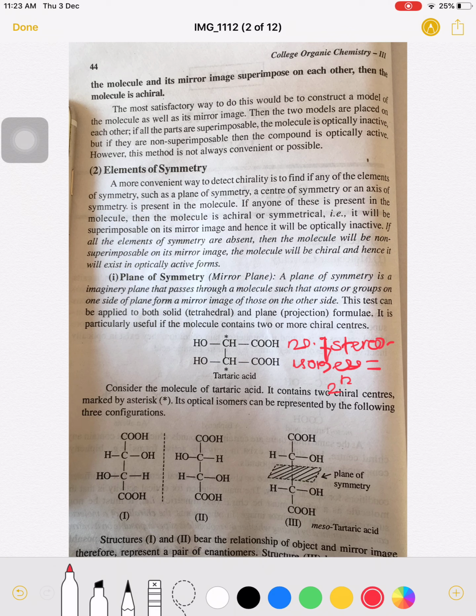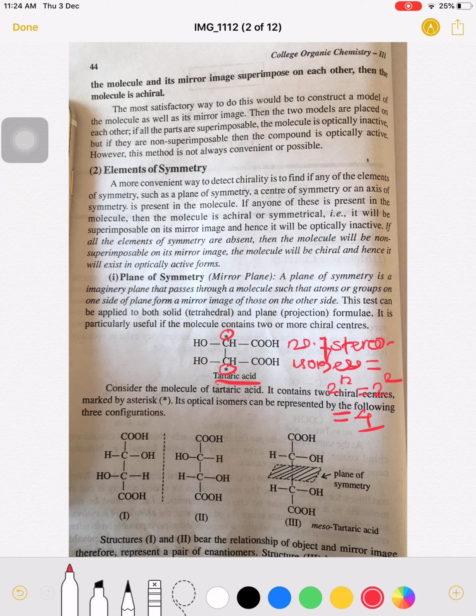In this case there are two asymmetric carbon atoms, shown by the asterisk mark. So 2 raised to 2 is equal to 4. So this molecule, tartaric acid, has 4 stereoisomers. Okay, we can draw them here.